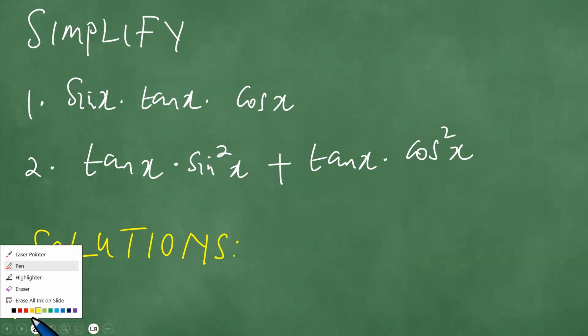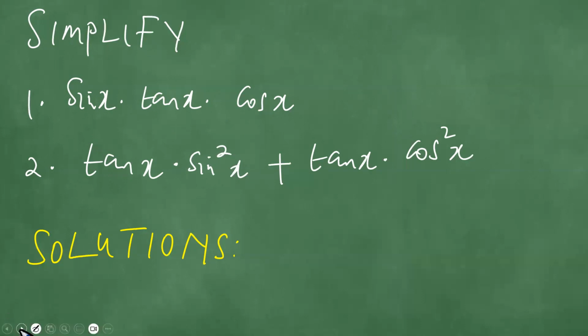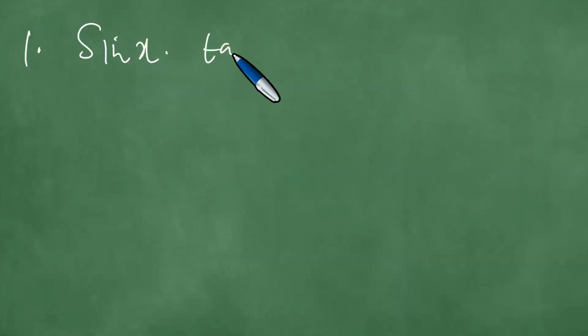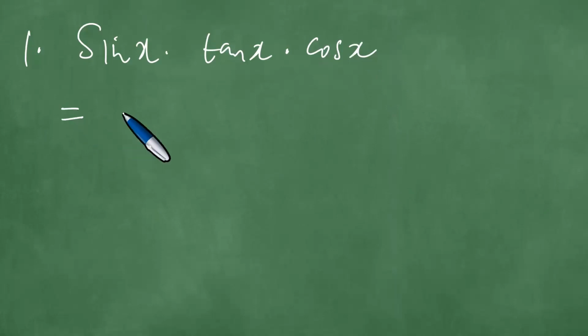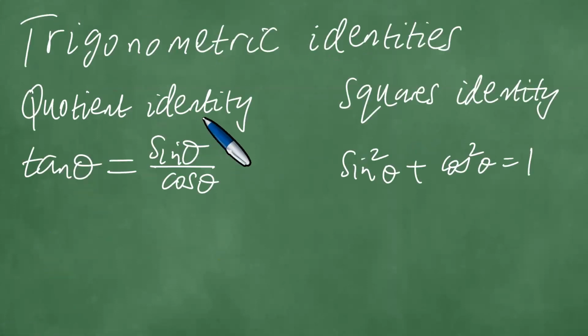Number 1, the examiner decided to give us the sine of x times the tangent of x times cosine x. What is the tangent of x? We know the quotient identity. What is the quotient identity?